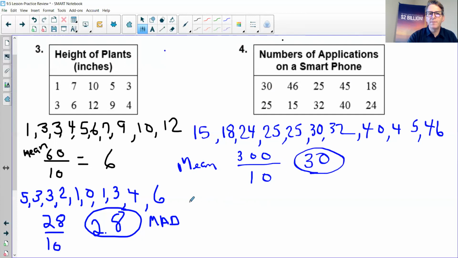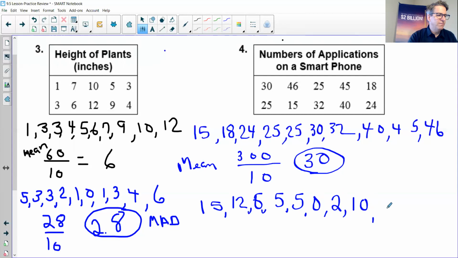All right, let's find the MAD. So we'll take that 30 and I'm going to subtract each entry. So in this case, we'd have 15 again. That'd go 12. 30 minus 18 is 12. 30 minus 24 is 6. Then it's a 5. And another 5. Then there's a 0. And there's a 2. Then there's a 10.